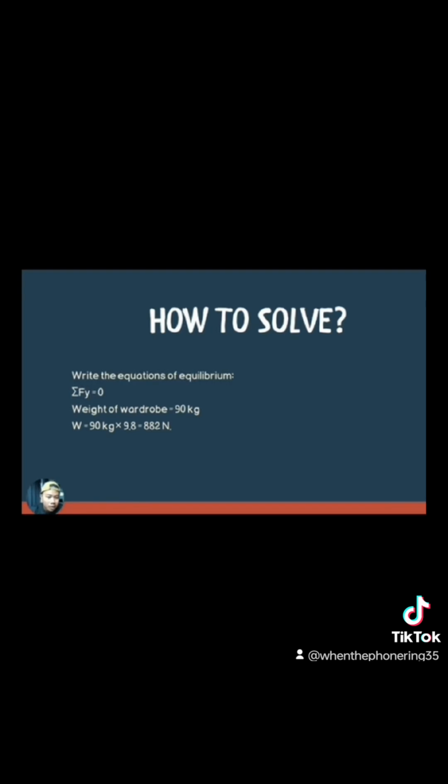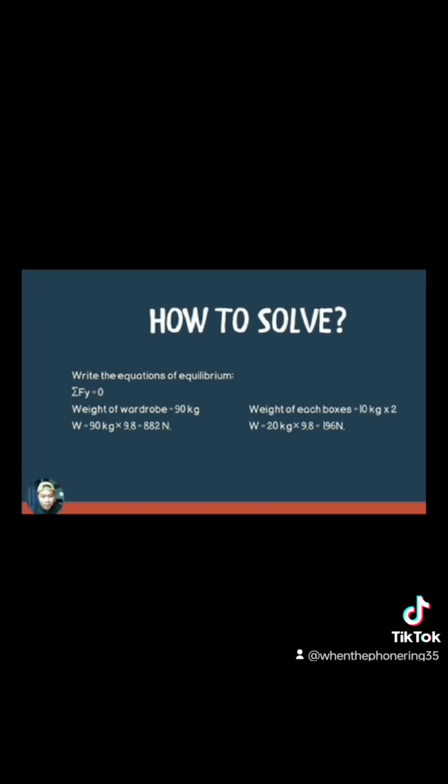We know that the mass of the wardrobe is 90 kg, so the equation is W equal to 90 kg times 9.8. So we get 882 Newton.